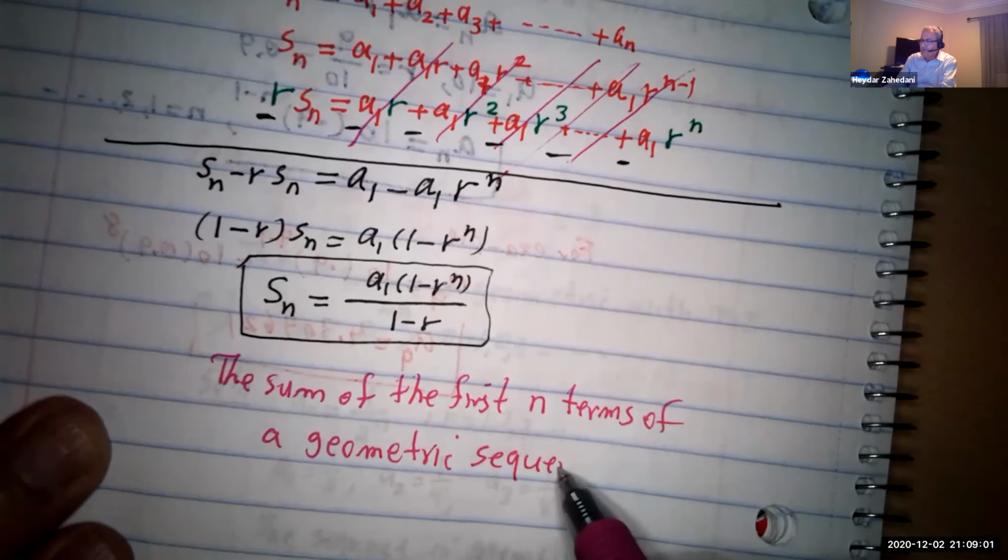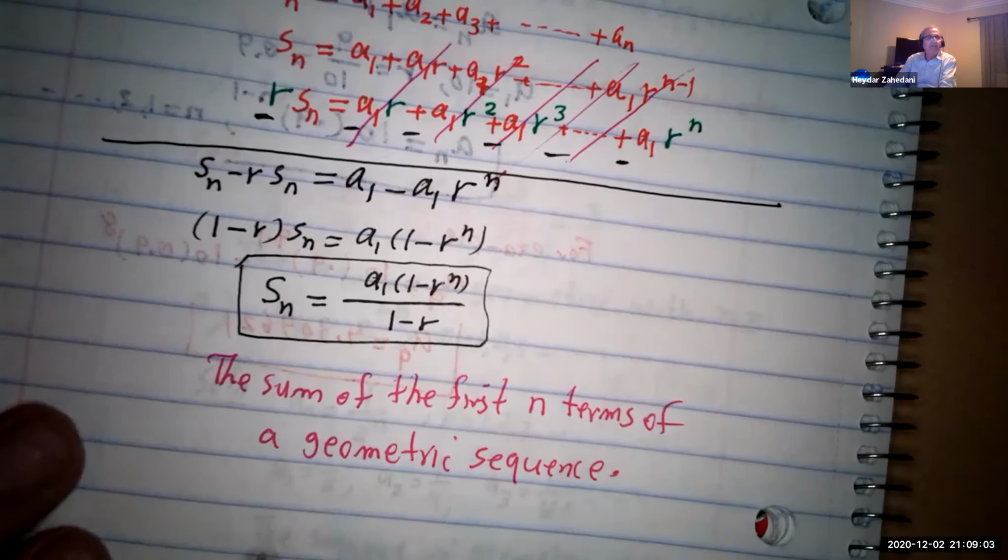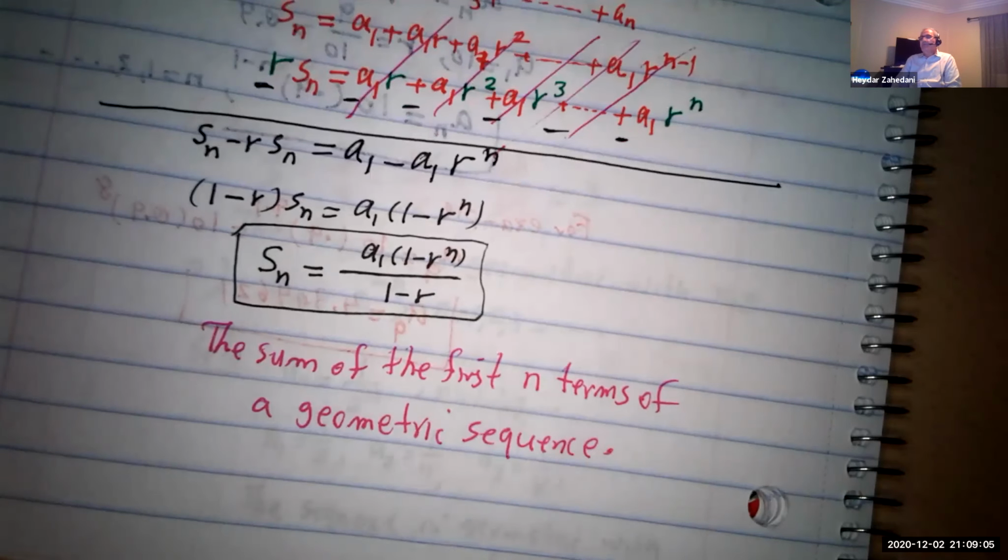You have to memorize it or bring it to the test, we don't mind, because we're going to see a couple of problems related to this formula, and we are going to extend it later on.